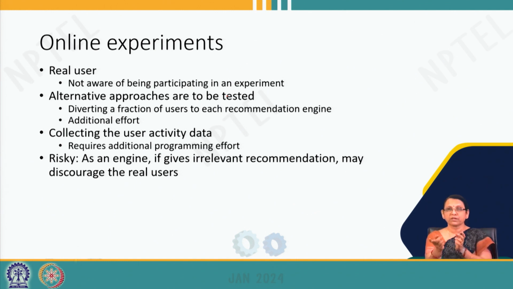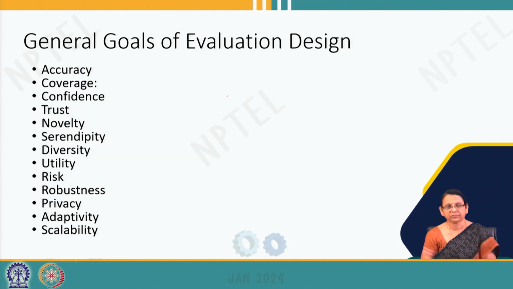The group of users who are using that will feel that this e-commerce website, from which they are trying to buy items, is providing irrelevant recommendations. So, it may discourage the user from coming to the website again.